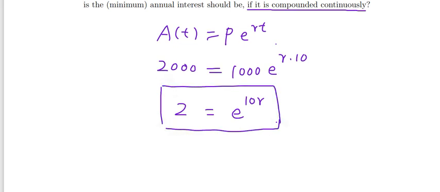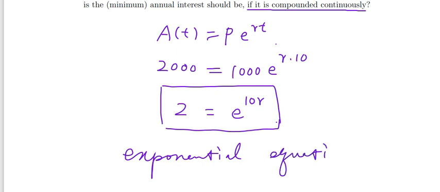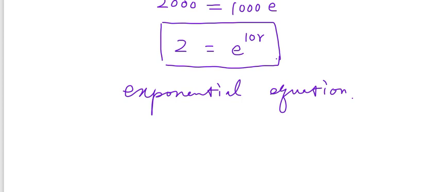In this equation, the unknown variable r is in the exponent position. So we call this equation an exponential equation.